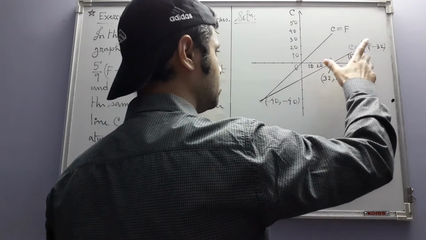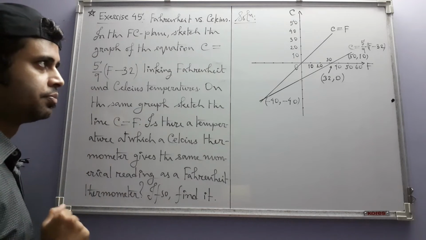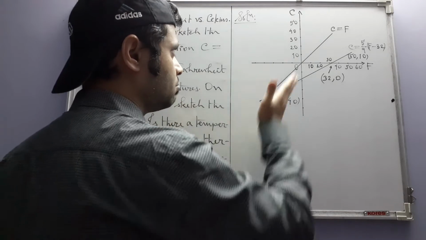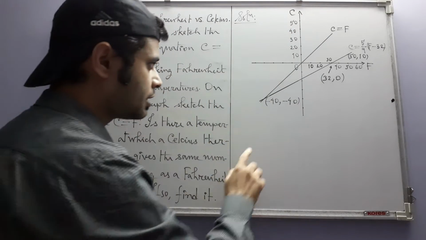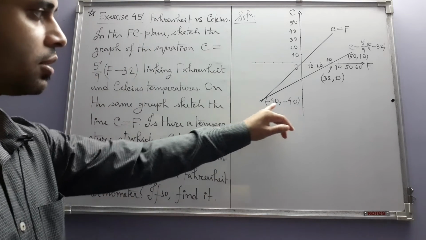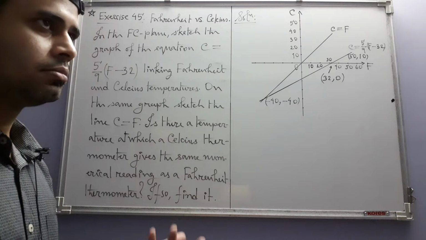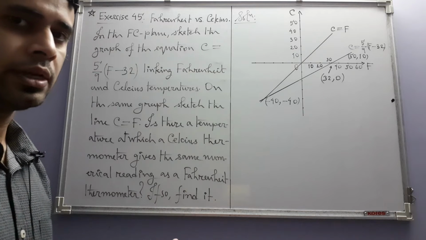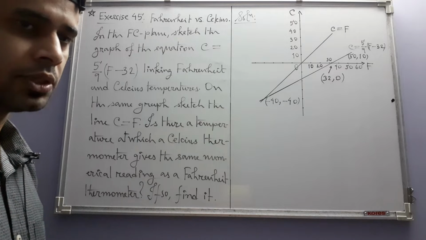Joining them, we got the straight line, which is the graph of this equation, and at the same time we have drawn this line also, F equal to C. It turns out that they intersect at this point, minus 40 comma minus 40. So that is the value at which the Celsius and Fahrenheit temperatures are the same for an object.